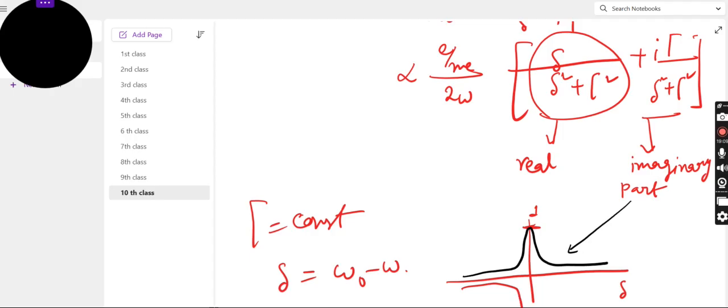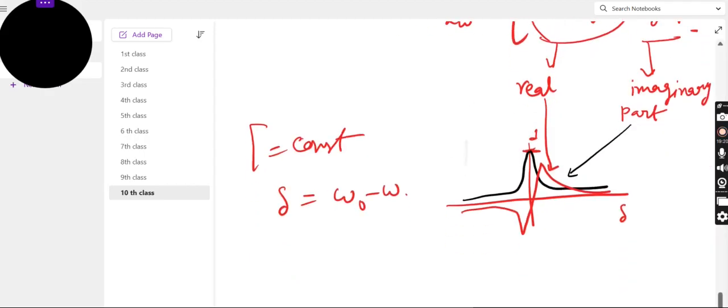The delta curve is odd, that is the real part, delta by delta squared plus tau squared.